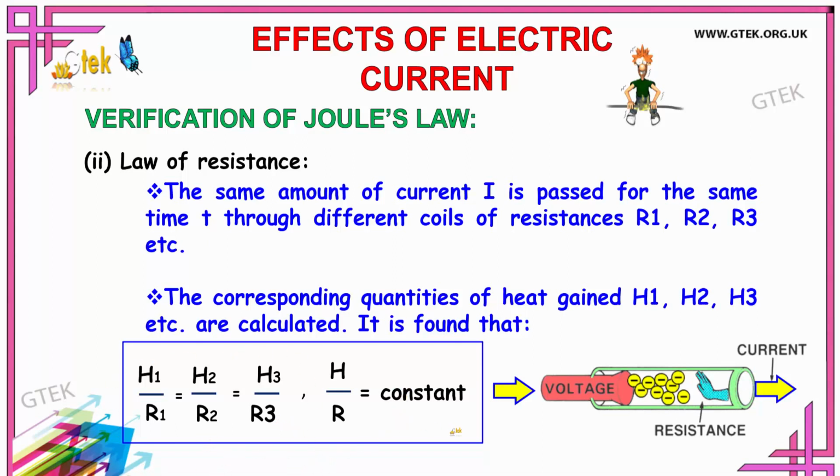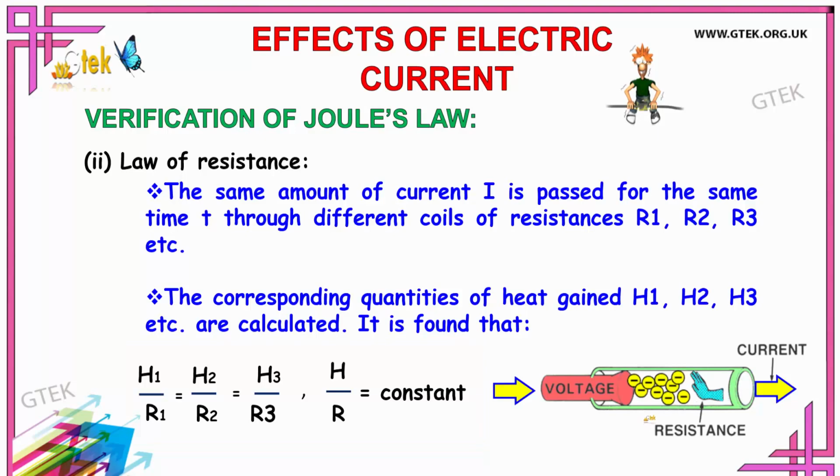So cumulatively, H by R is equal to a constant. The picture below shows the representation of the law of resistance, where the same amount of current is passed for the same time through different coils, so the resistance varies and the heat generated varies.